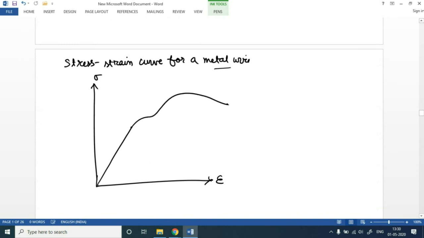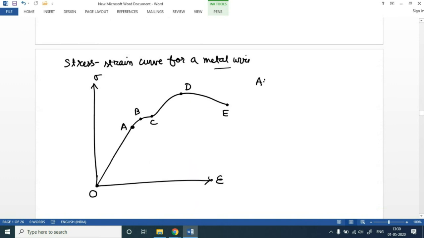Okay, so let's define different points. Let's say this is O, and this is A. There is some point B over here, some point C over here, some point D over here, and this is point E. So let's try to understand each point one by one.